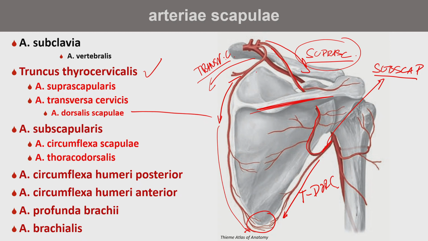So here we have two ways of blood flow into the superior arm and the whole superior limb when the axillary artery is occluded or compressed. This is the scapular collateral circulation.